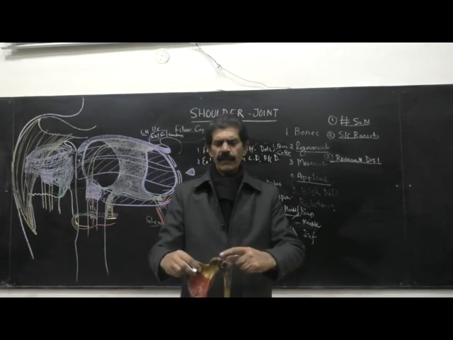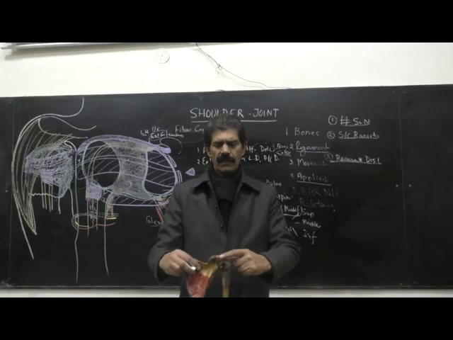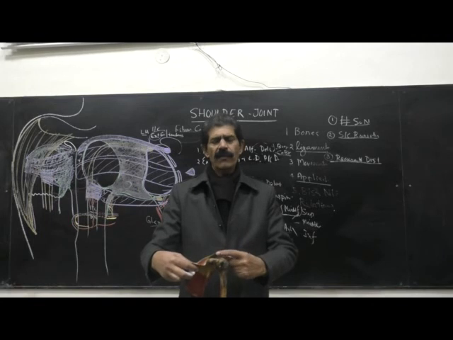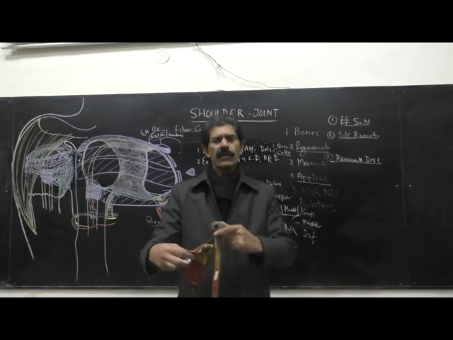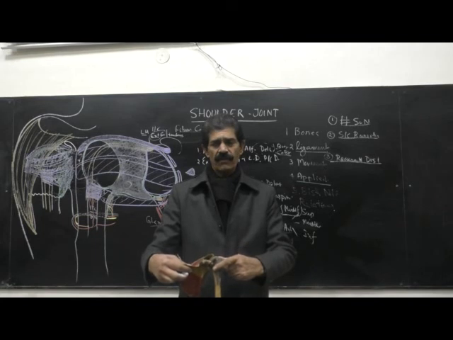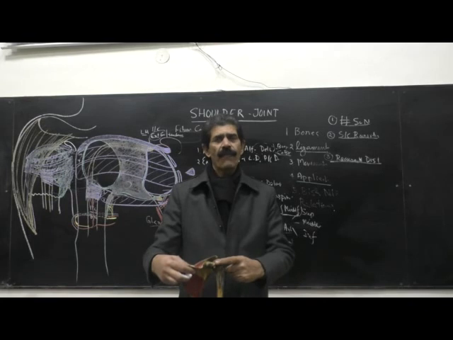Because superiorly there is a coracohumeral ligament, plus there is also the coraco-acromial ligament, from the acromion process to the coracoid. So superior dislocation is not possible because this ligament prevents it, along with the coracohumeral ligament.